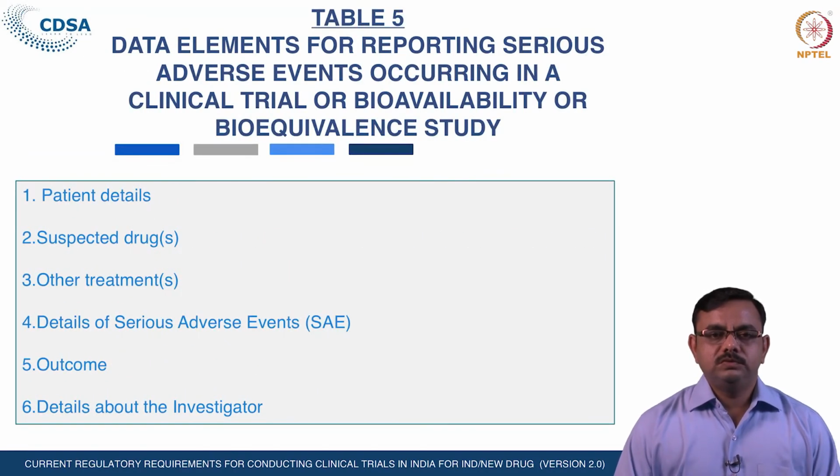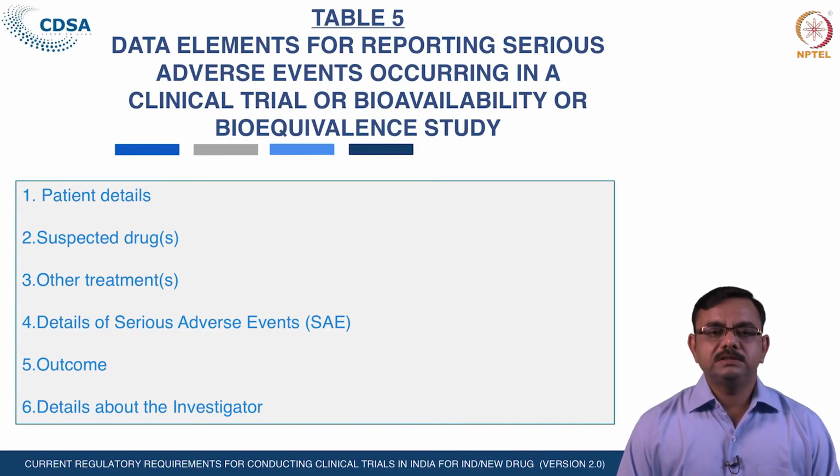So let us move toward Table number 5, data elements for reporting SAE. I think we have not covered this in any of our lectures. These are the contents of reporting a serious adverse event.